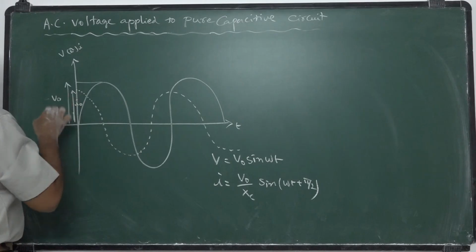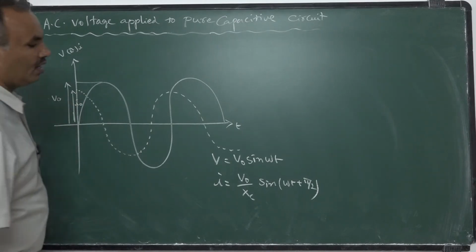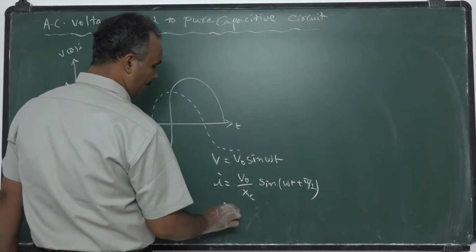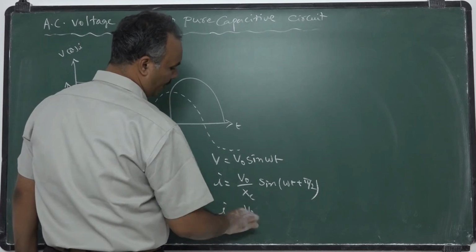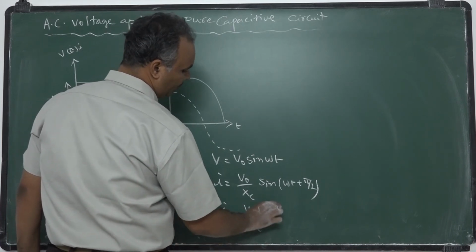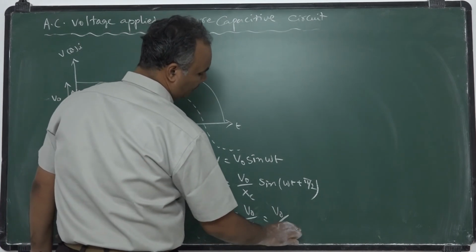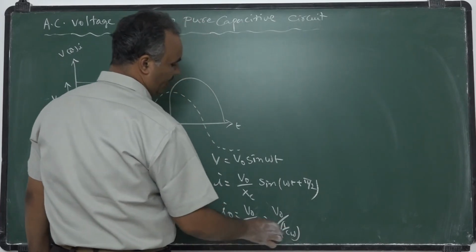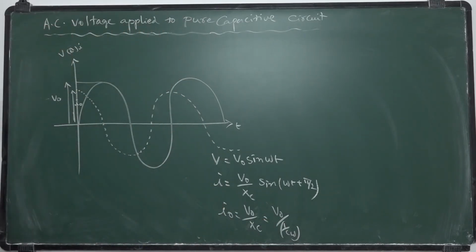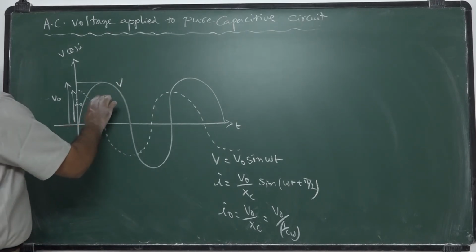Peak voltage and peak current are related by peak current is peak voltage by XC, that is V naught by 1 by C omega. Here XC is called capacitive reactance. This is the voltage graph and this is the current graph.